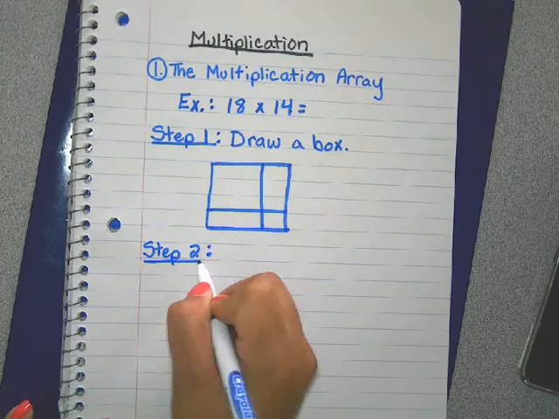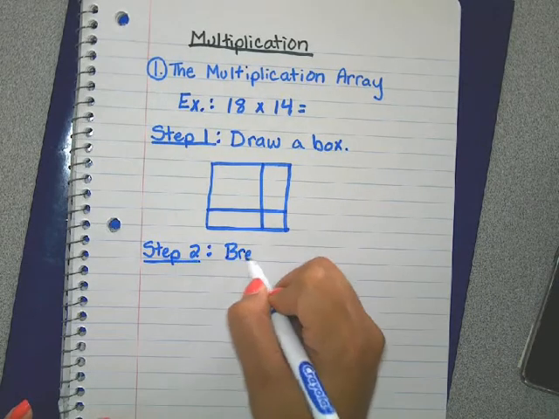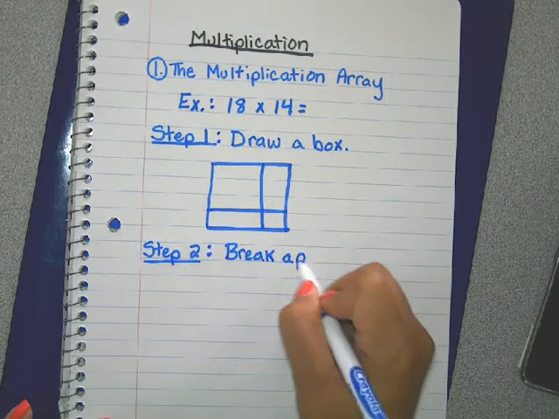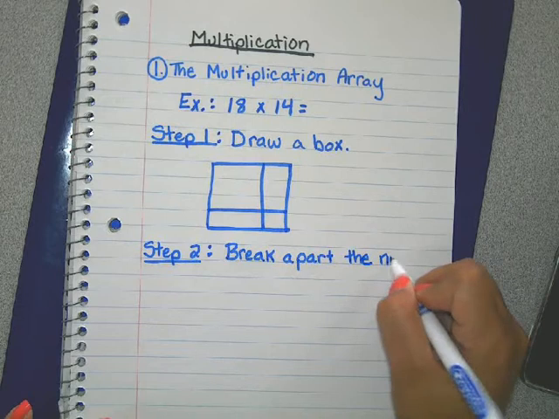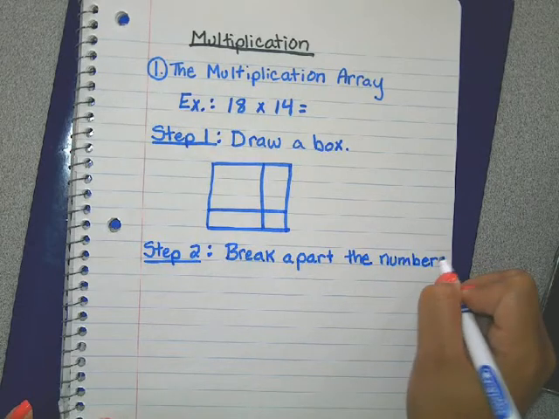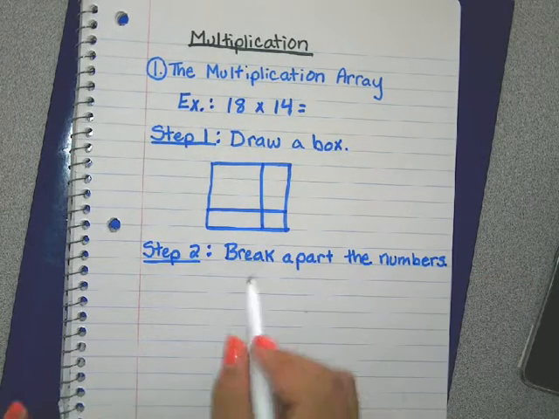What's step 2? Got my box. What's next? Break up the numbers into their parts. Very good. So step 2, we have to break apart the numbers.